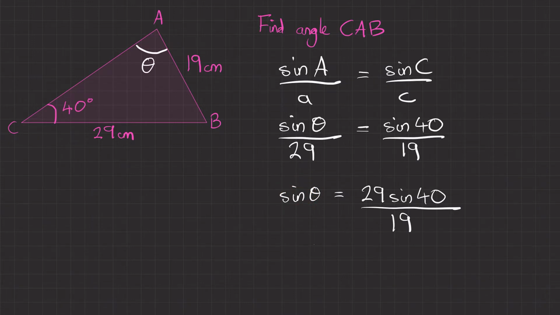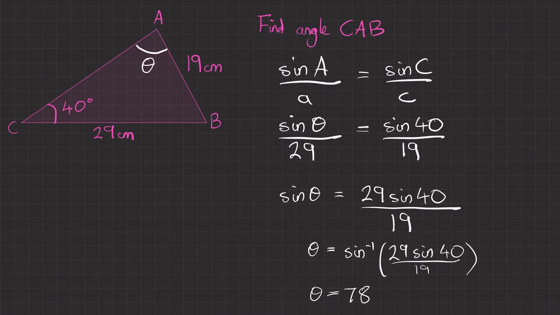So we'll have theta equals sine minus 1 of 29 sine 40 over 19. And if you pop that into your calculator, you're going to end up with theta equals 78.8 degrees to 1 decimal place.